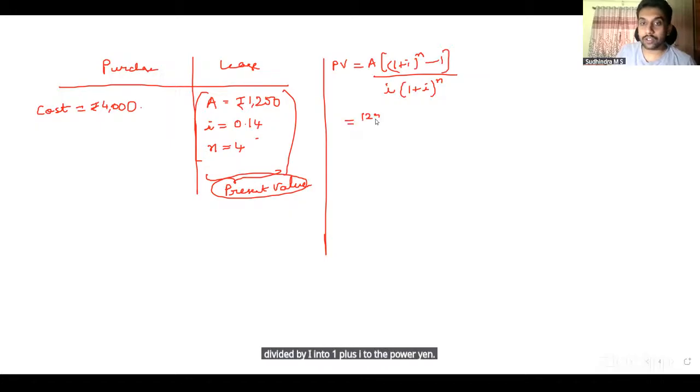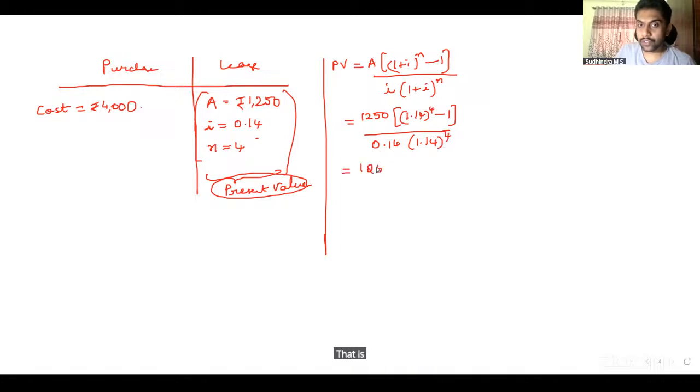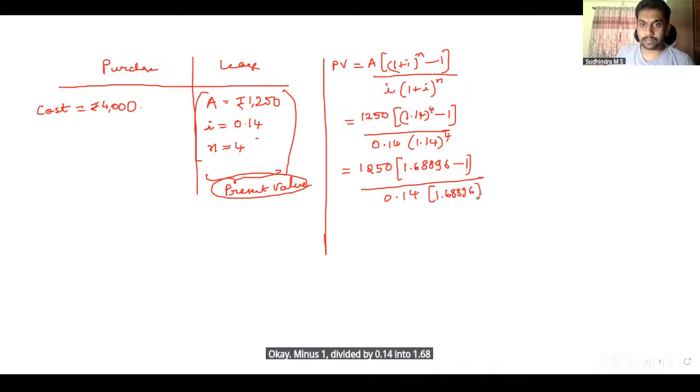So A is 1250 into (1.14 to the power 4 minus 1) divided by 0.14 into 1.14 to the power 4. That is 1250 into, what is 1.14 to the power 4? 1.68896. Minus 1, divided by 0.14 into 1.68896.